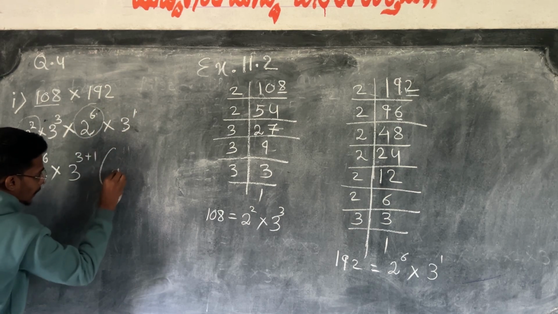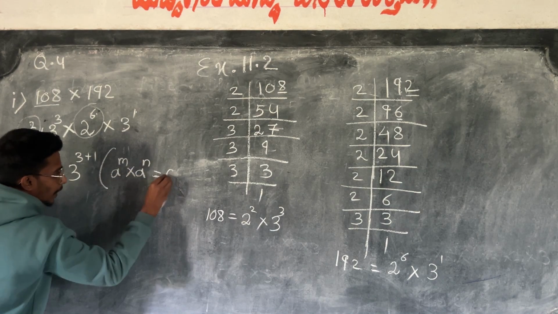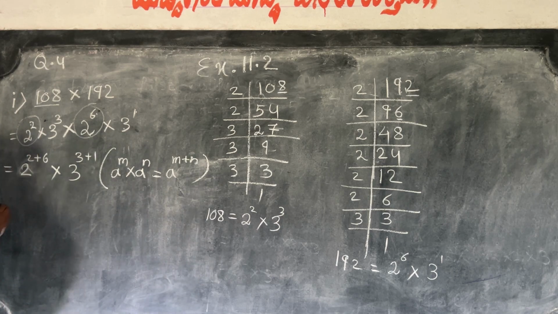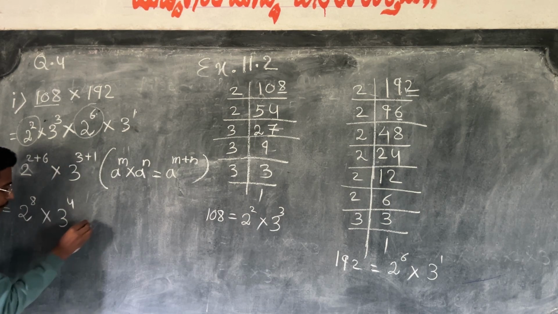Write the reason here: a to the power m into a to the power n is equal to a to the power m plus n. So 2 to the power 2 plus 6 is 8, into 3 to the power 3 plus 1 is 4.